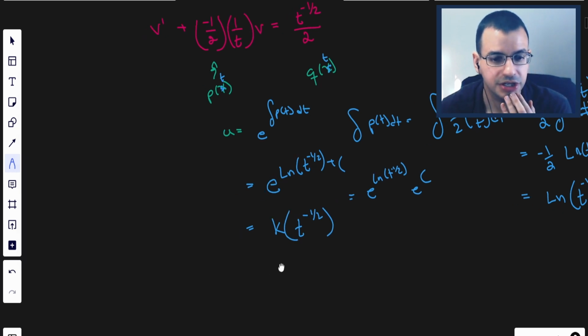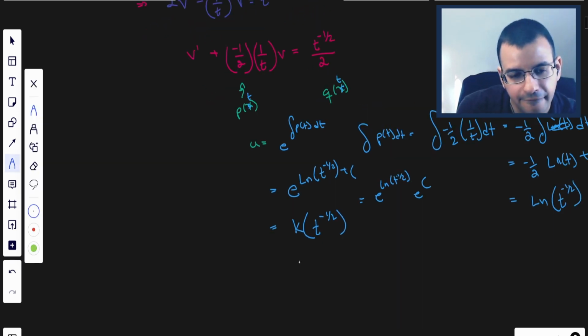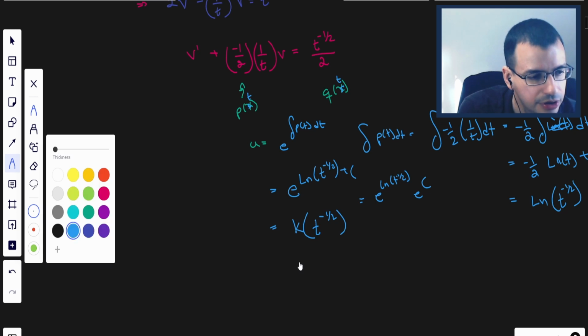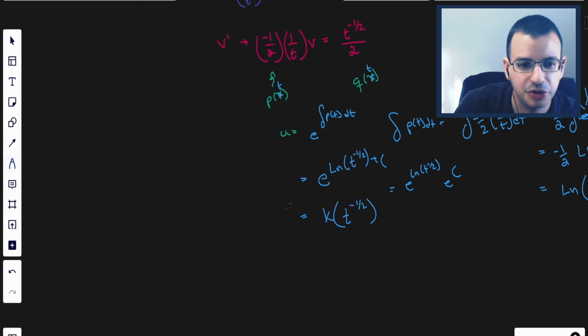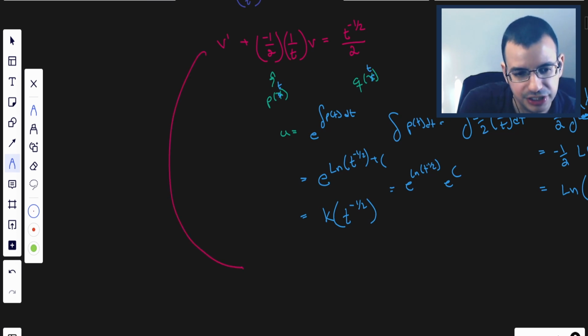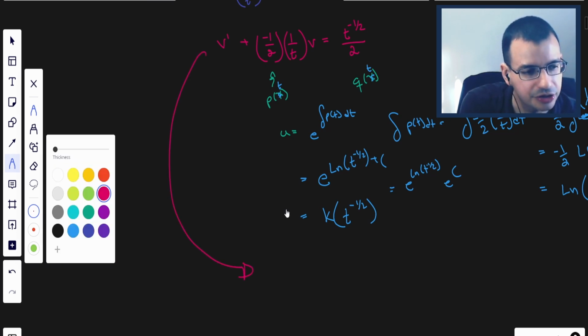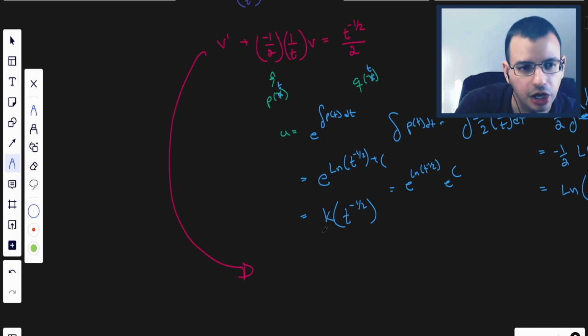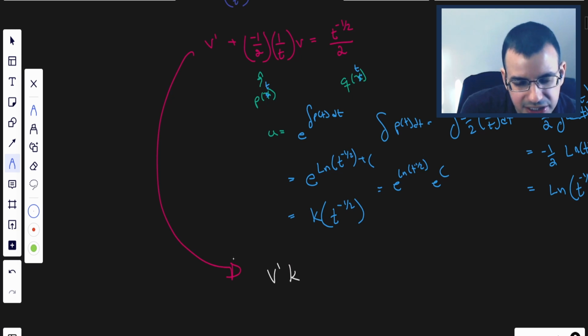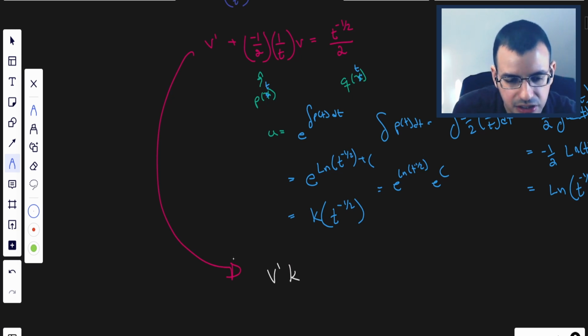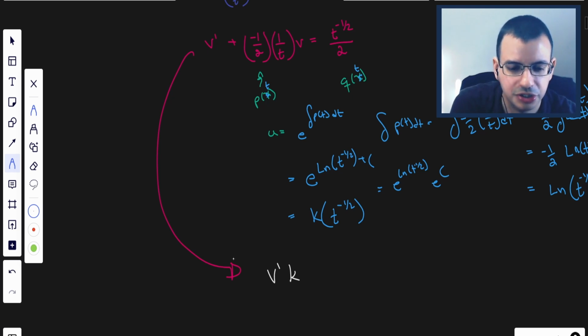All right. So this is our u that we're going to go for, our integrating factor. So I'm going to bring this down. Oh, probably should do a different color so I can see what's going on. Ooh, light gray. So this is going to be v prime times k. We don't actually need this k because we're going to multiply everything by it. So I'm just going to leave it in for now, but you'll see.